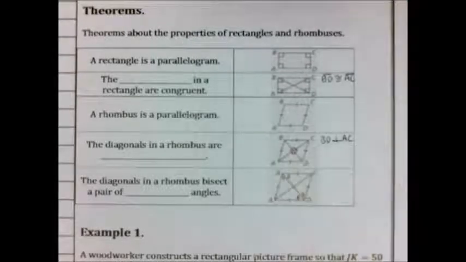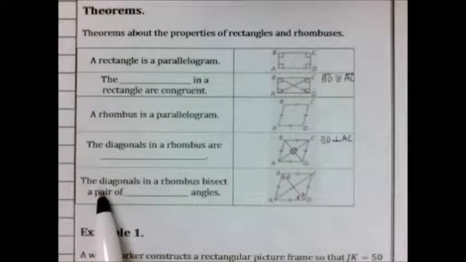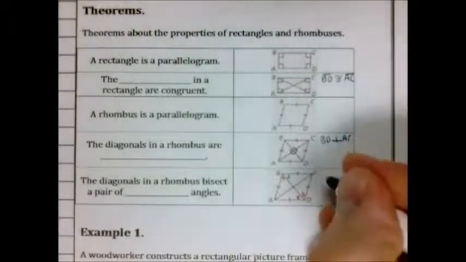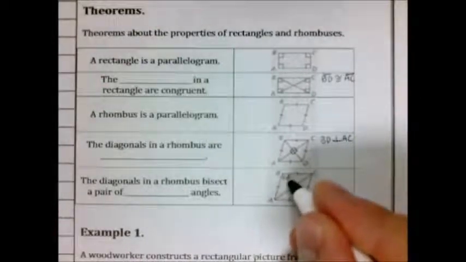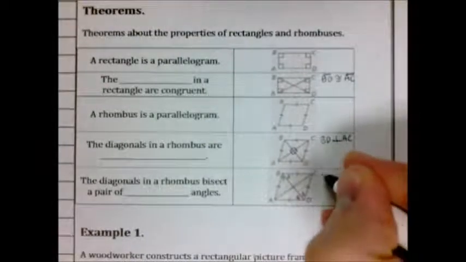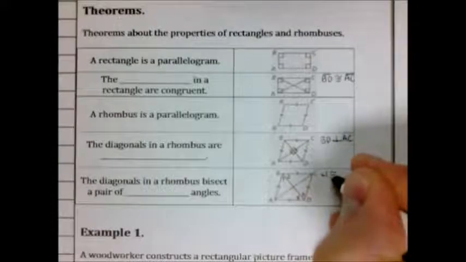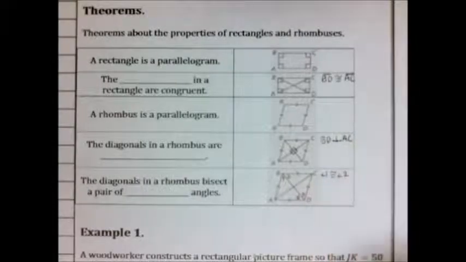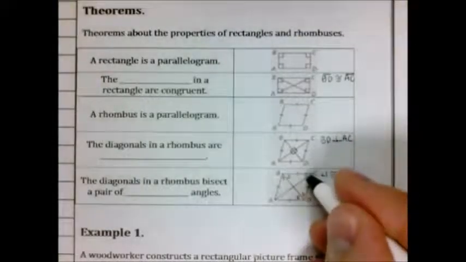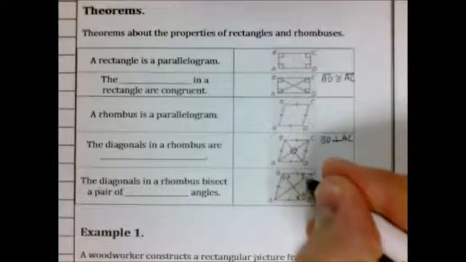Okay? They're perpendicular. And the last one is that the diagonals in a rhombus bisect a pair of opposite angles. So what that means is that these angles right here, angle 1 and angle 2, are going to be bisected, so they're congruent. Angle 1 and angle 2 are congruent. It's kind of hard to see, but this is 3 and 4 for this one.